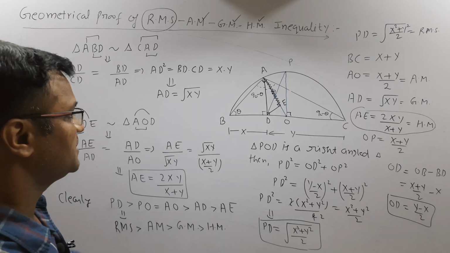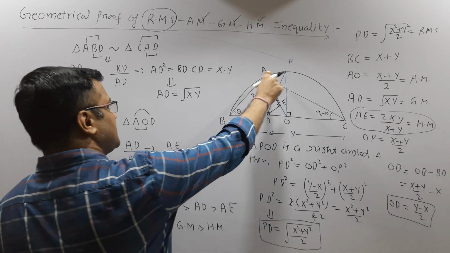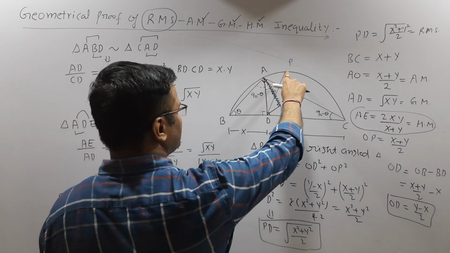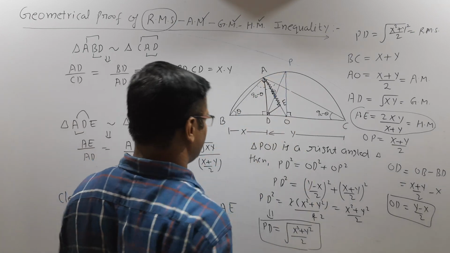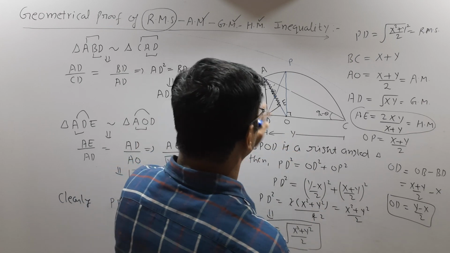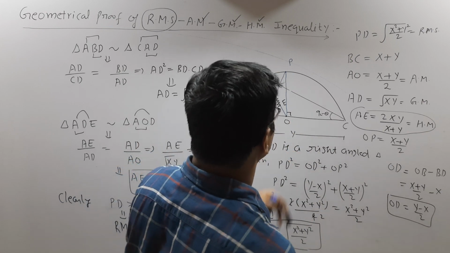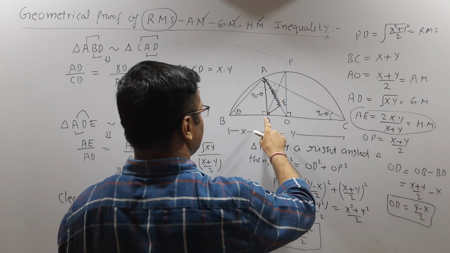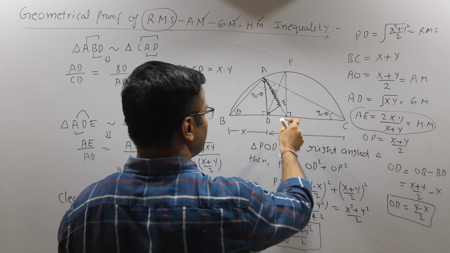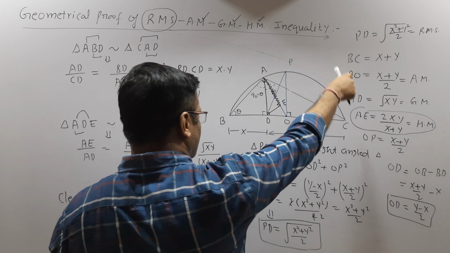All these four means are equal when A coincides with P, and in that case x equals y. So A and P coincide at the same time, D and E coincide with O, so all means become the same.